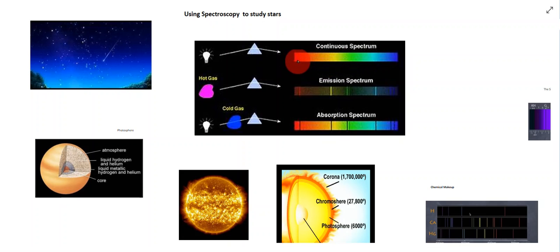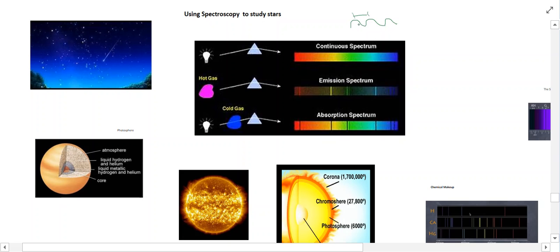Now, what you can say is that with each of these different bands of color, the whole way across, each of these bands is associated with a wavelength. So remember, a way that we can think about it is that light travels as a wave, something like this. And let's say from one crest to the other, if you were to measure that, it will have a length associated with it.